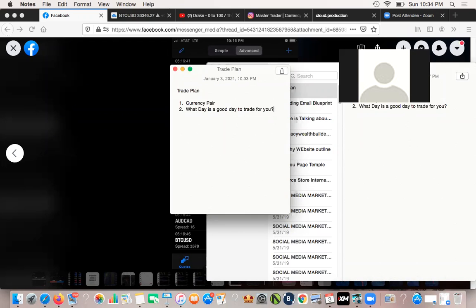I found out Mondays are usually consolidation. Tuesday is usually when it breaks out of consolidation, and it's either going to continue in that direction or reverse and go the other way. So I usually do Tuesday through Friday.